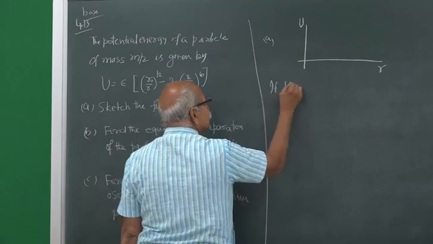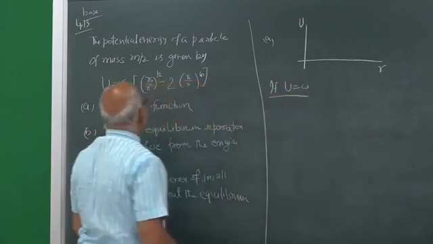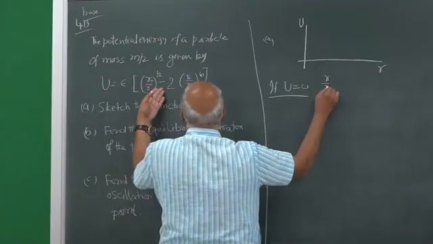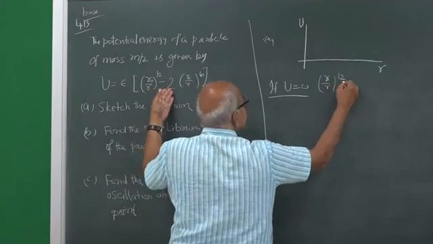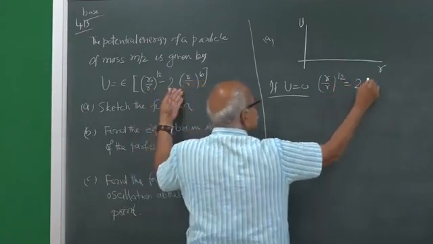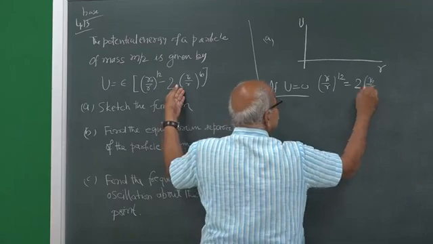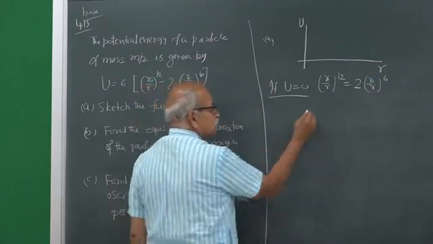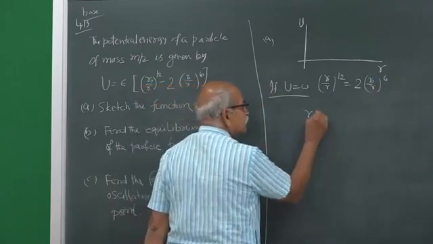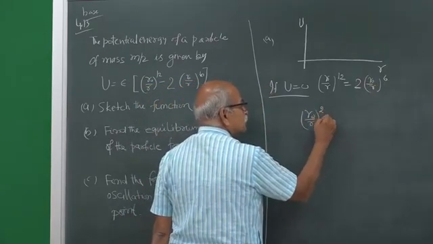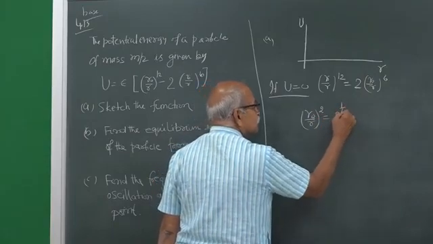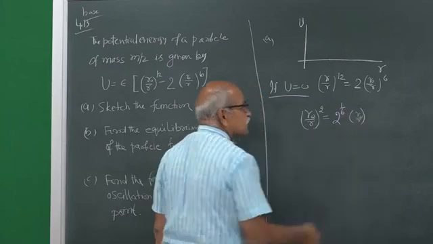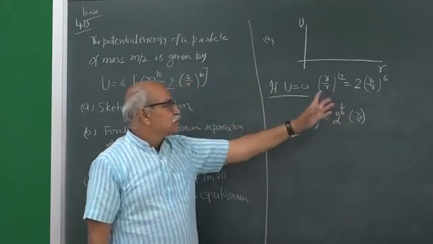If u is equal to 0, that means (r naught by r)^12 is equal to 2 times (r naught by r)^6. If I take the sixth root, it is (r naught by r)^2 is equal to 2 to the power 1 by 6, and then here r naught by r, I am taking the sixth root of the whole thing.